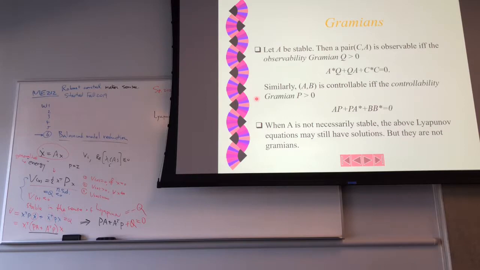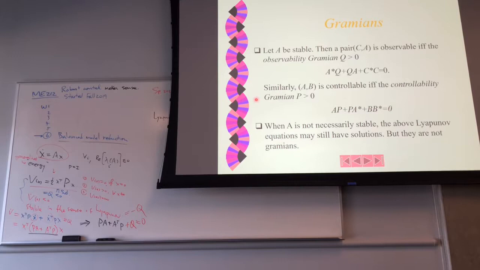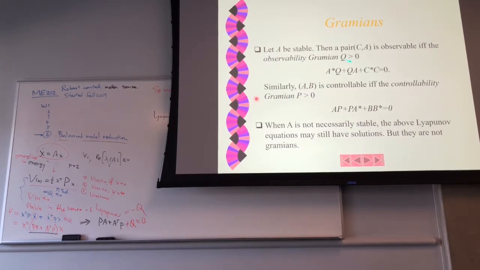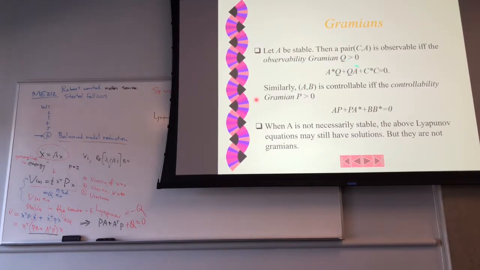The reason we are trying to introduce the Q and the C, remember, is that Q is called the Gramian. So A, B is controllable if the controllability Gramian P is not singular.